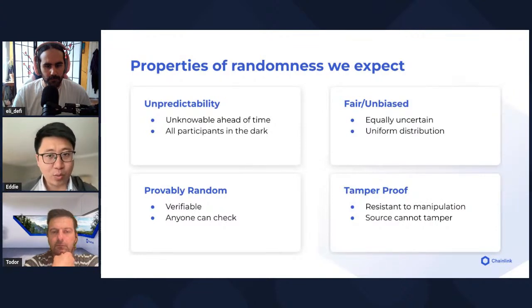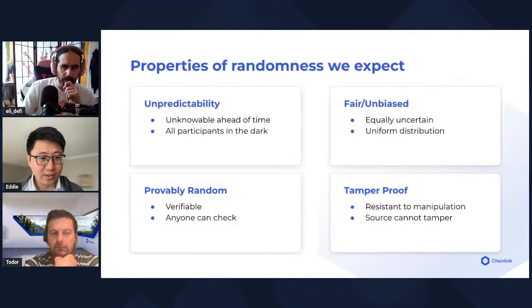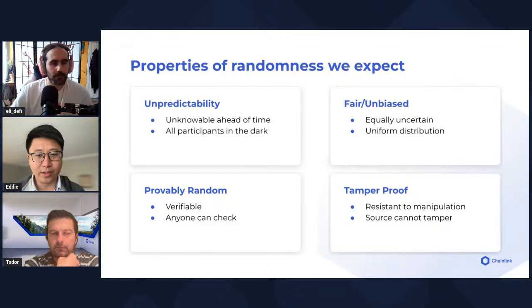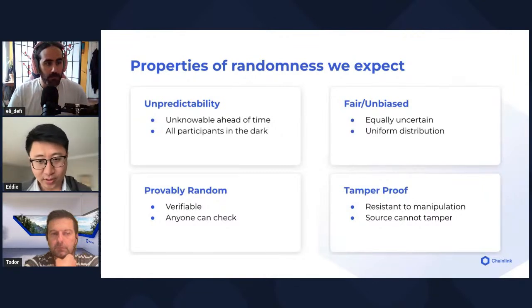And this is the Web3 space, so we want everything to be provable and verifiable. This is true, this is fair. A lot of these Web3 services are serving in a decentralized way, and the whole point of dApps is to be fair to the communities and the users. So we want it to be verifiable. Anyone can check, with a clear audit trail. Lastly, as in all Web3 service infrastructure, it needs to be tamper-proof, resistant to all manipulations.